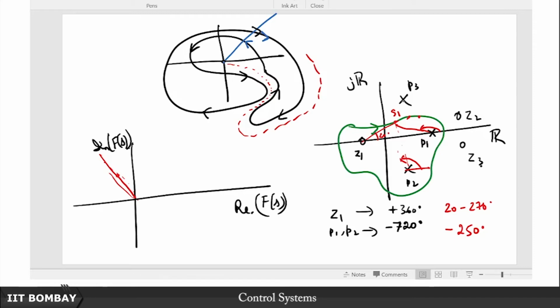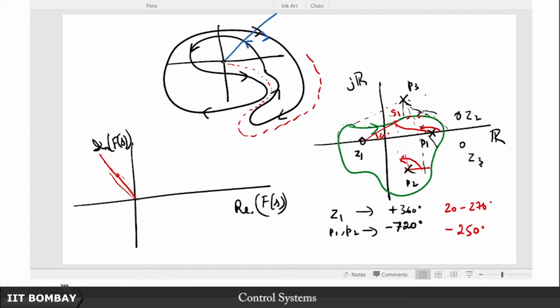You see, when you try to trace this path, it goes once like this, increases, then again it starts decreasing, so it just goes to and fro. The first time you start from here, you go in this direction, so the phasor goes in this direction up until this point, and then again it starts reducing from this point onwards, and it goes like this, reduces, then again it goes here, it's like oscillating.